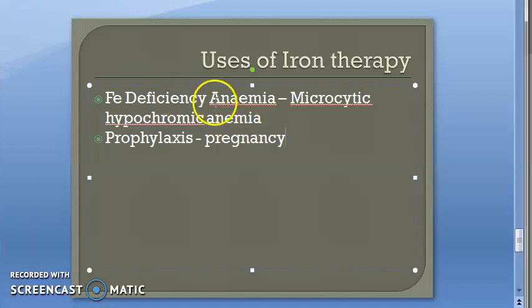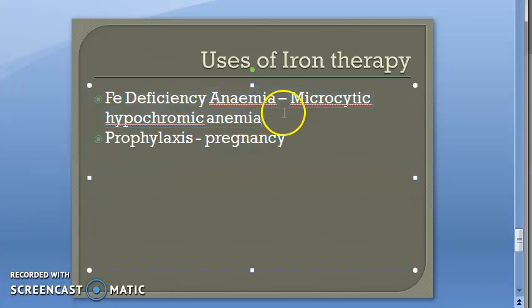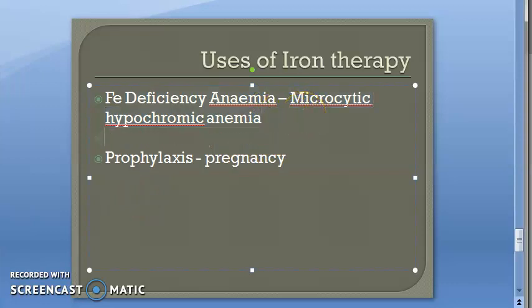Now coming to iron deficiency anemia or microcytic hypochromic anemia, this can happen because of a lot of reasons, nutritional iron deficiency or poor iron absorption, etc. So you can give oral iron in this case. And if the anemia is not very severe, and if the person is not going into childbirth, then you can prefer oral iron therapy, right?